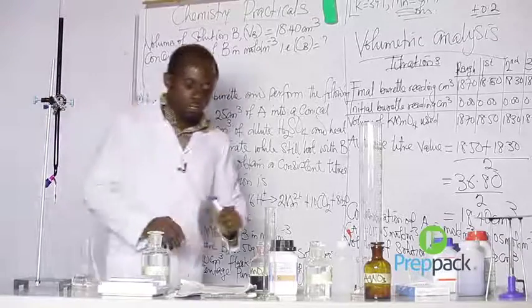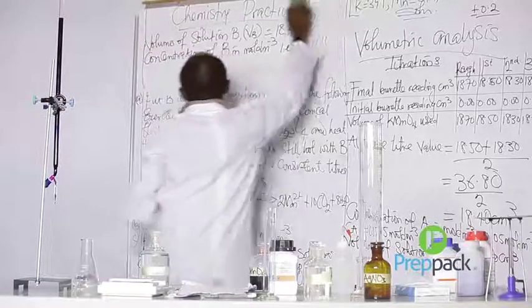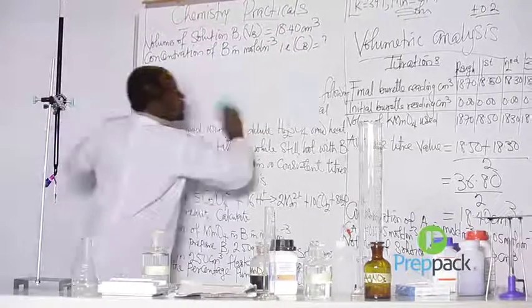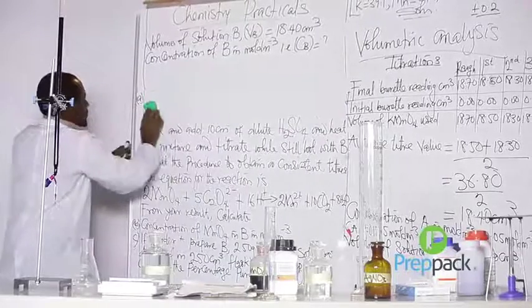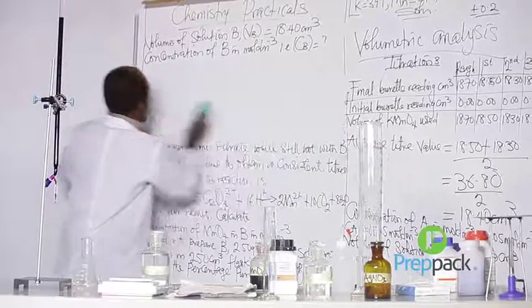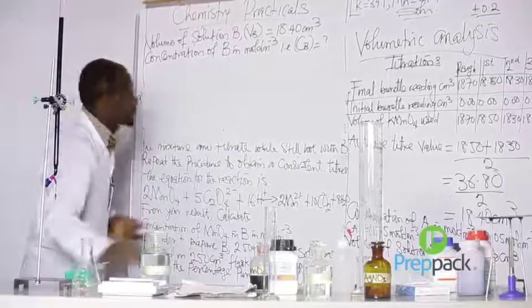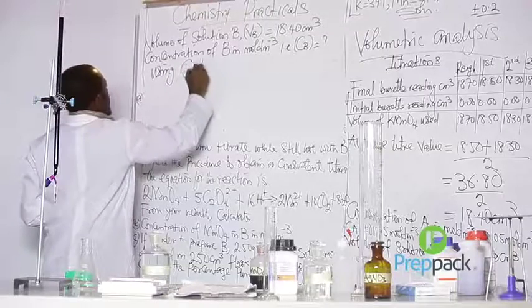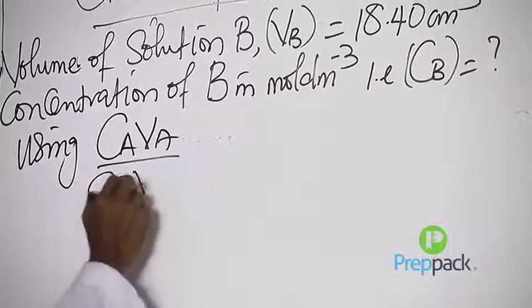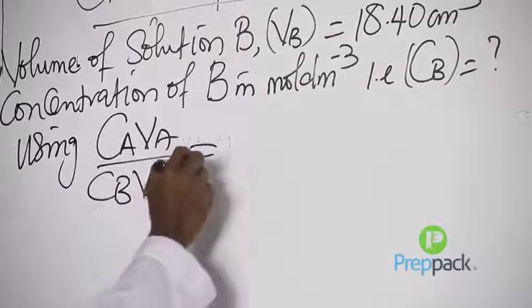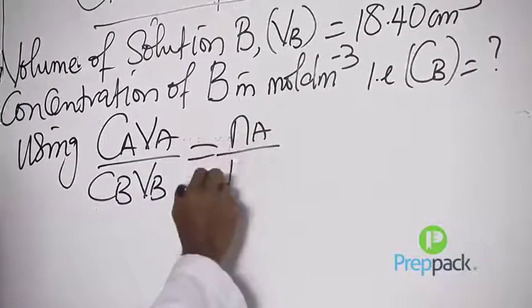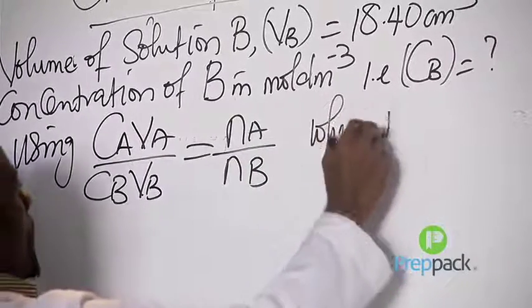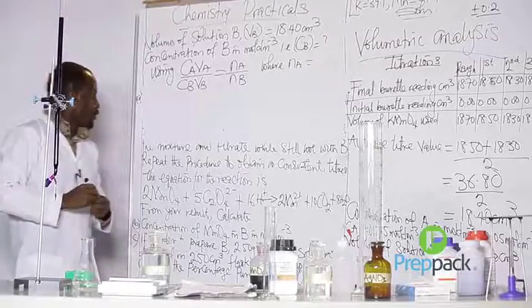There is a formula, CAVA over CBVB equal to Na over Nb, where Na equal to the mole ratio of the acid.